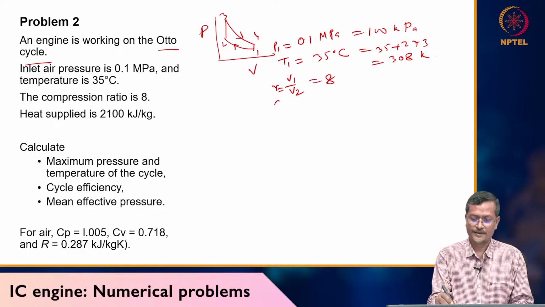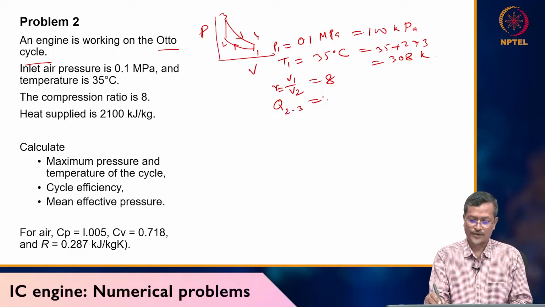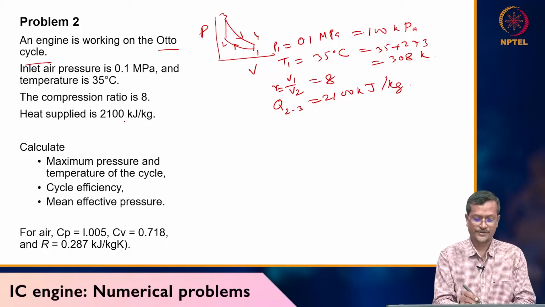Heat supplied Q2 to 3 is 2100 kJ per kg of mass flow rate through the system.